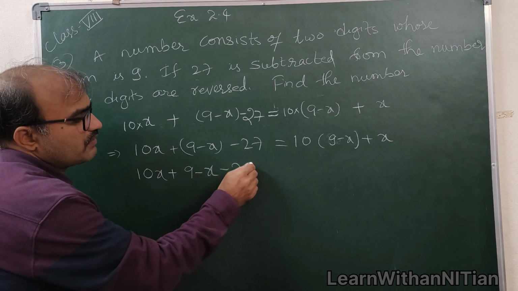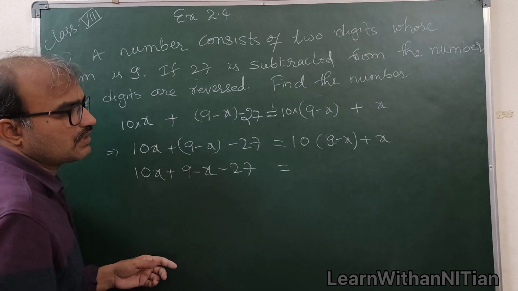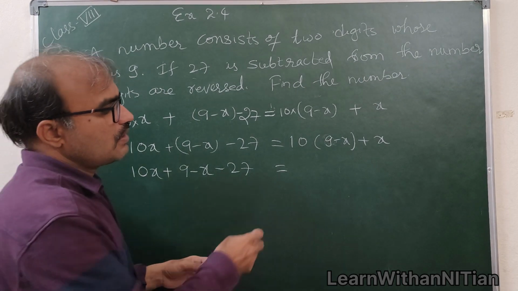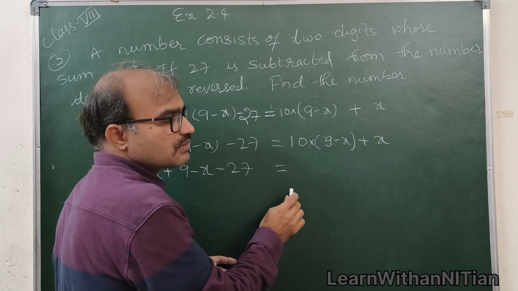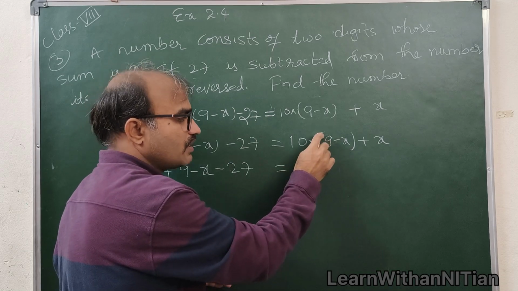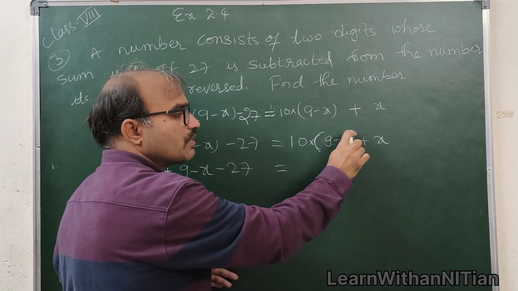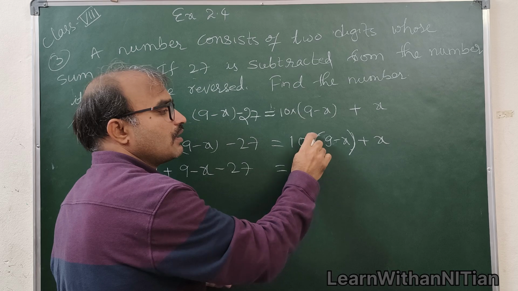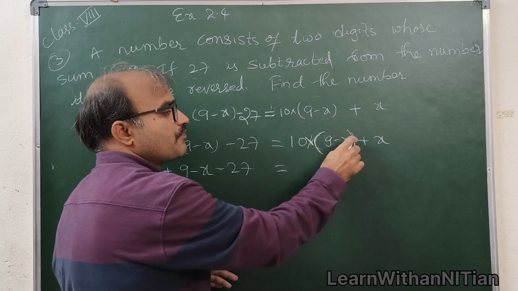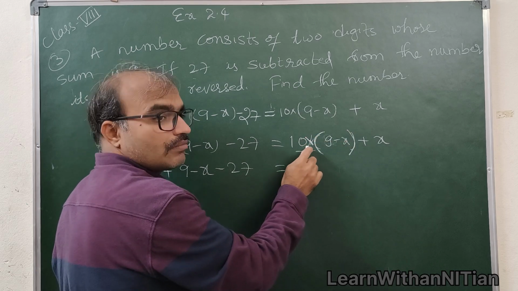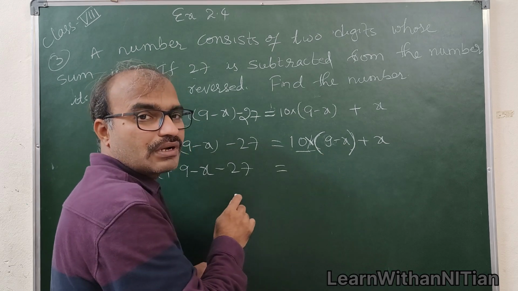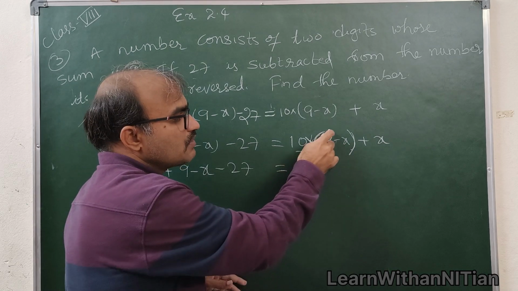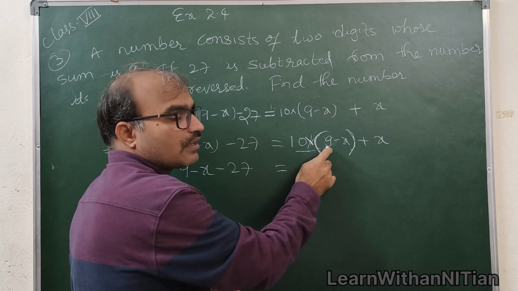So write again minus 27, equals. Now here, 10 into 9 minus x. This into is what we have written ourselves, but into bracket means this multiplication should be distributed to all the numbers inside the brackets, because this into is for the bracket, not for 9.